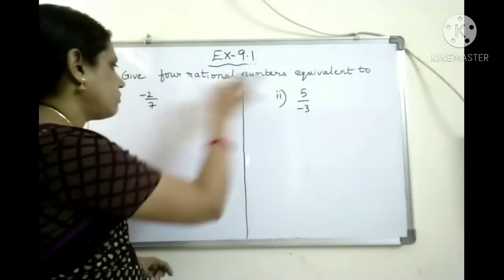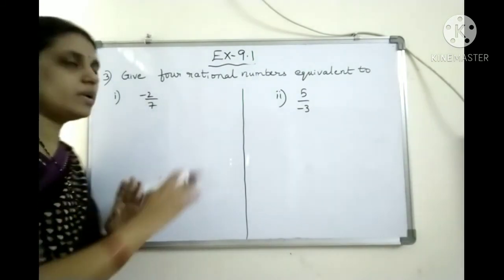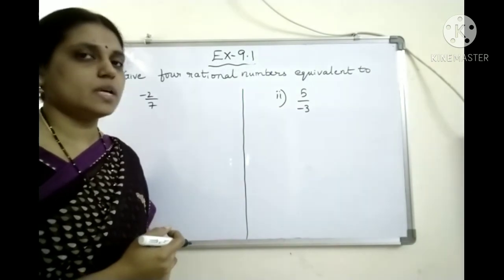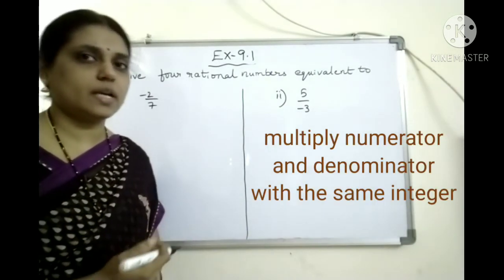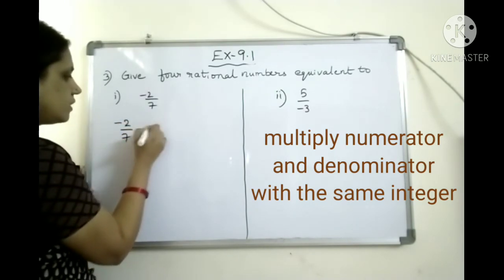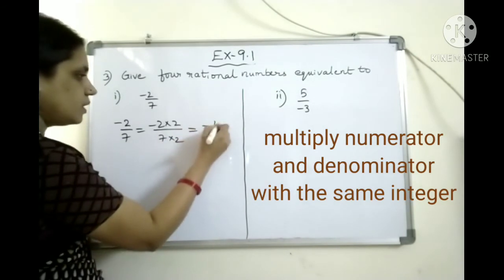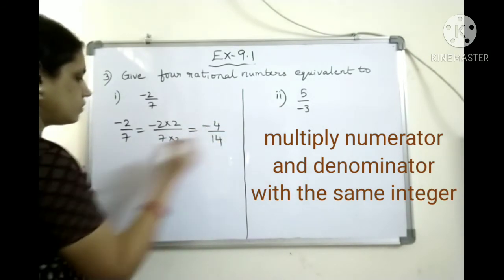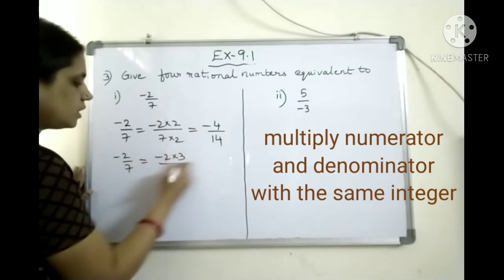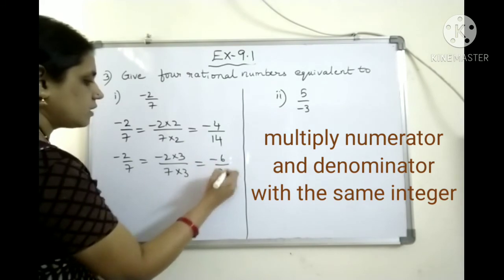Rational numbers equivalent to minus 2 by 7. So here any 4 rational numbers you can write, that means any 4 equivalent rational numbers means any 4 integers you can take and multiply. Here I want to take minus 2 by 7 multiplied with 2. You can take simple numbers, minus 4 by 14. Next one I want to take minus 2 into 3, 7 into 3, minus 6 by 21.